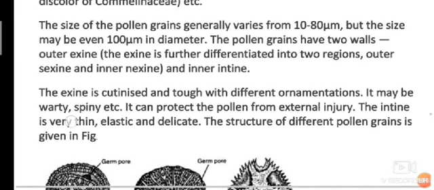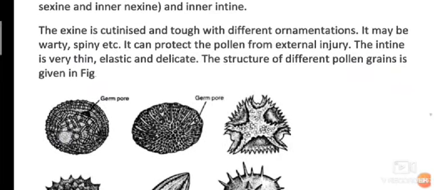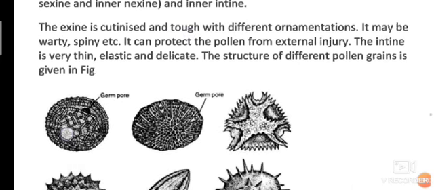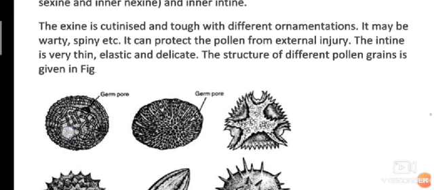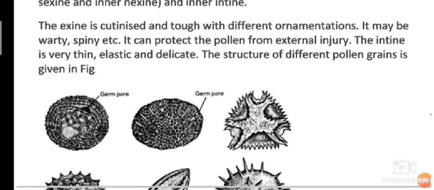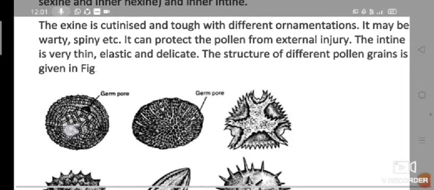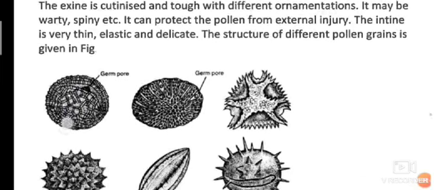The exine is cut through with different ornamentations. It may be warty, spiny. It can protect the pollen from external injury. The intine is very thin, elastic, and delicate. The structure of different pollen grains is given in the figure. See the picture?